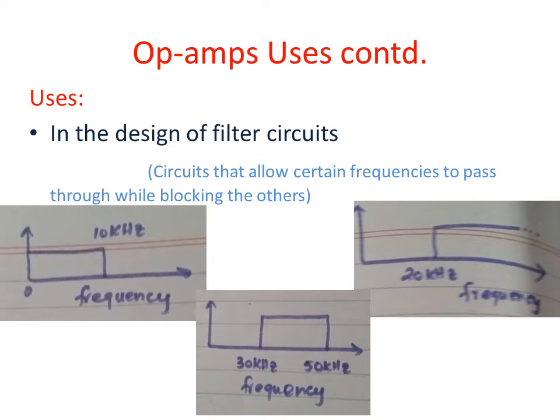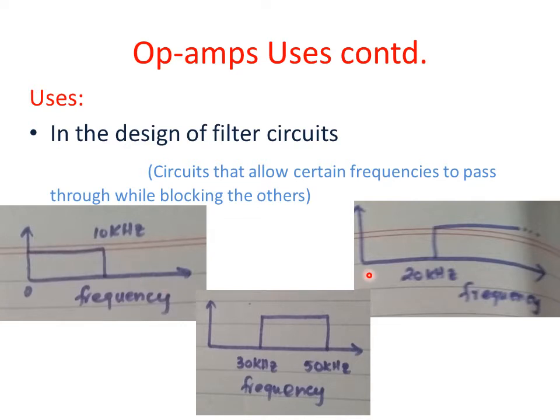For example, if I take the example of this figure, you can see that this is a frequency diagram along the x-axis. From 0 to 10 kilohertz, the circuit will be able to pass the frequencies, but any signal above 10 kilohertz will not be able to pass through the circuit.